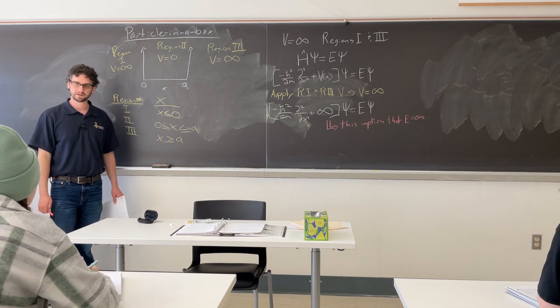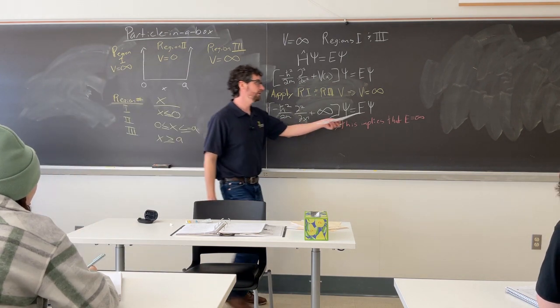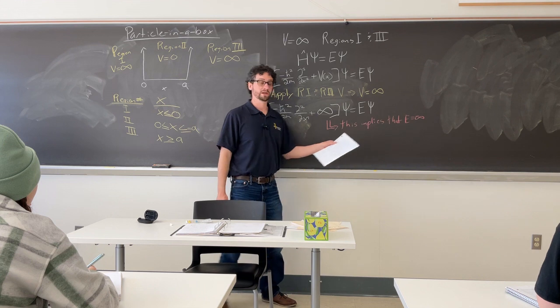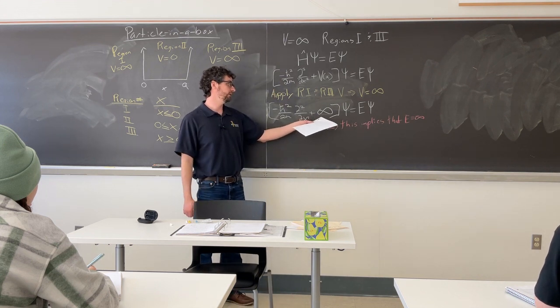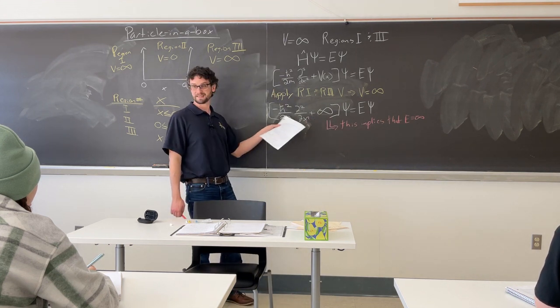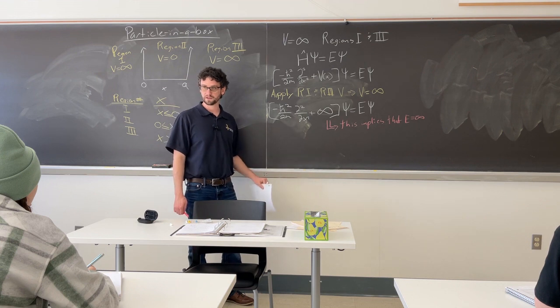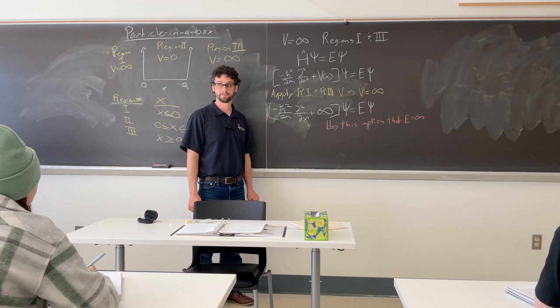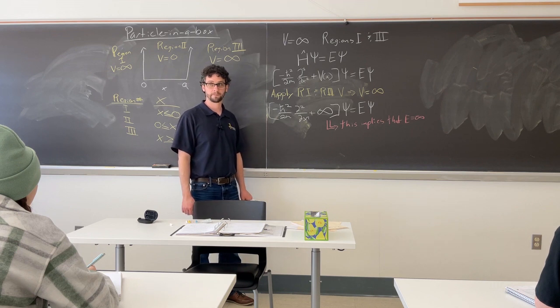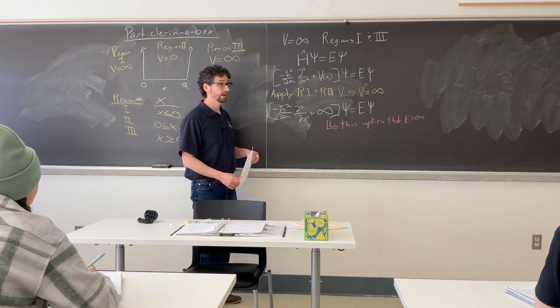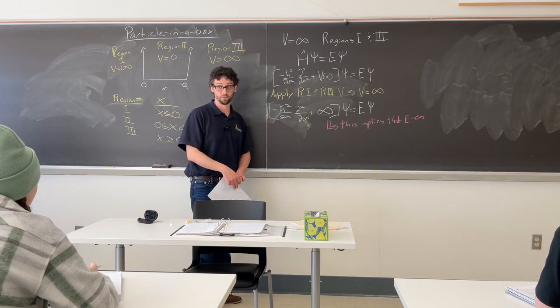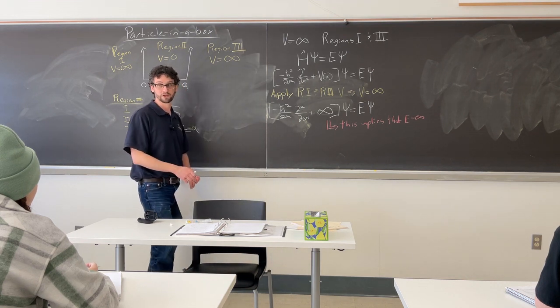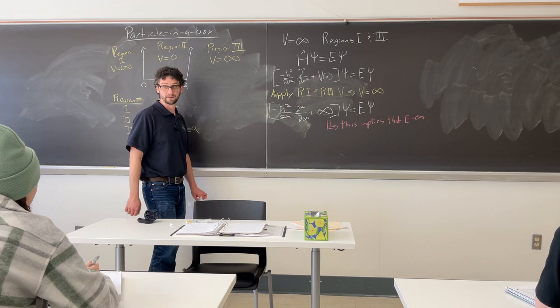Okay. So we know we can't have an infinite energy. We know that our potential has to be infinity. This thing has to hang around. What is our only other option to make this a realistic system? Something about the wave function. What is the value of the wave function? Yeah.